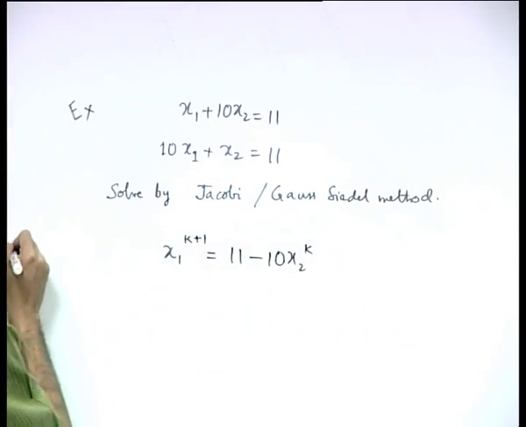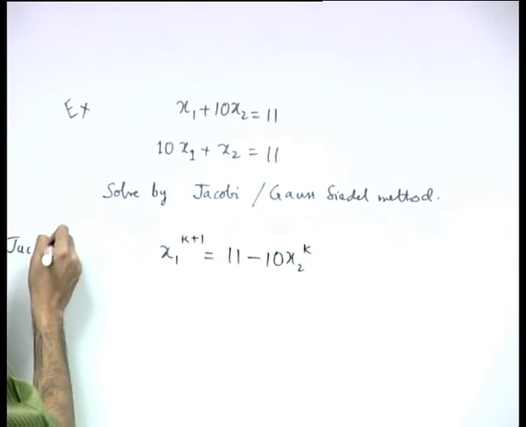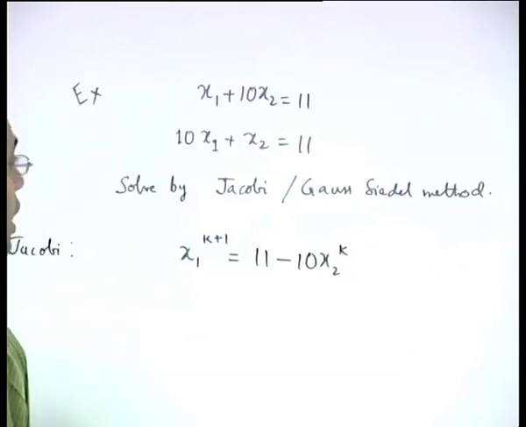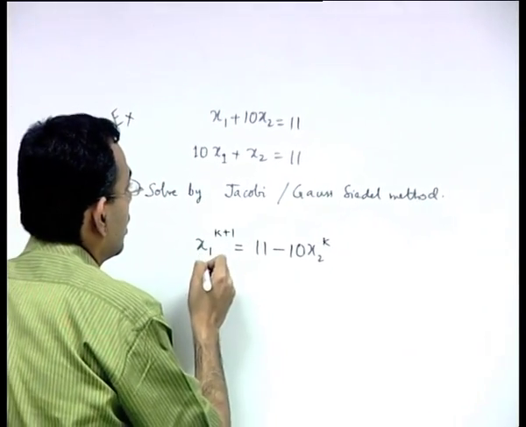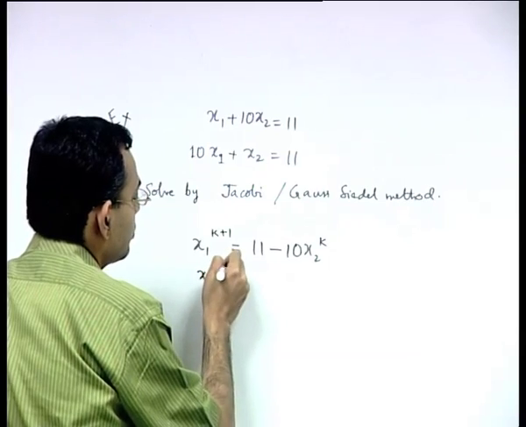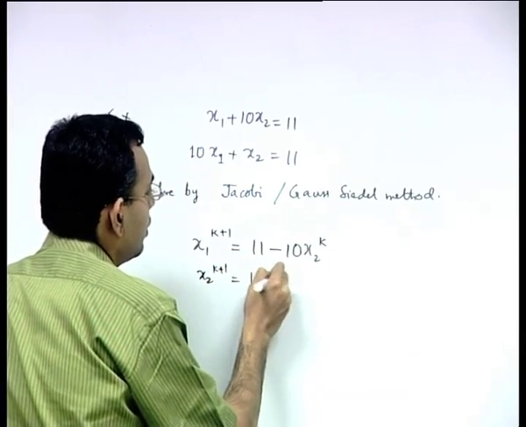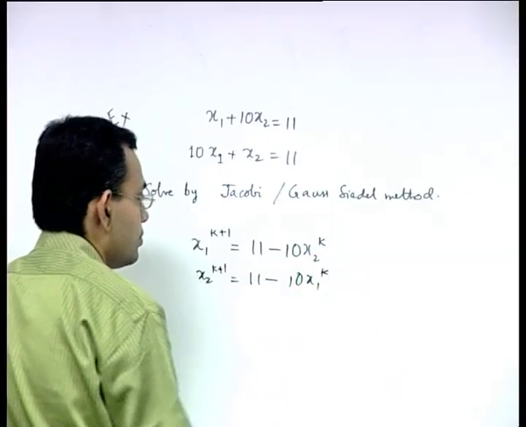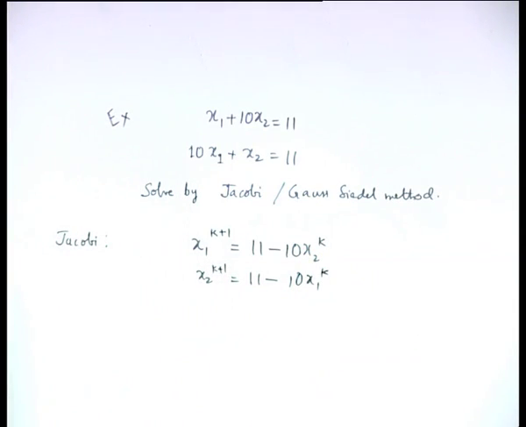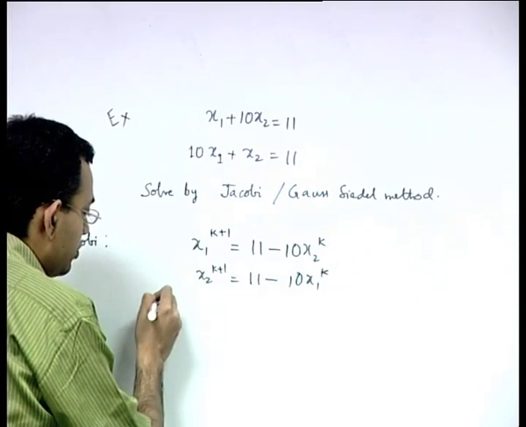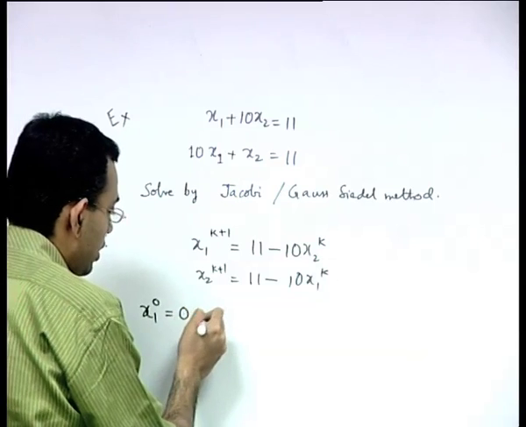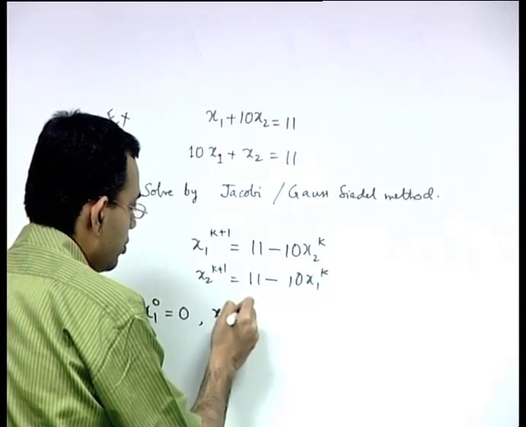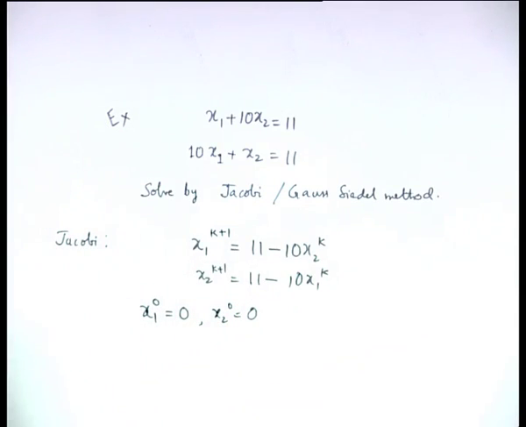Let us first consider the Jacobi method, and x2 k plus 1 is equal to 11 minus 10 x1 k. Let us say that we have x1 0 equal to 0 and x2 0 equal to 0 as the initial guesses.